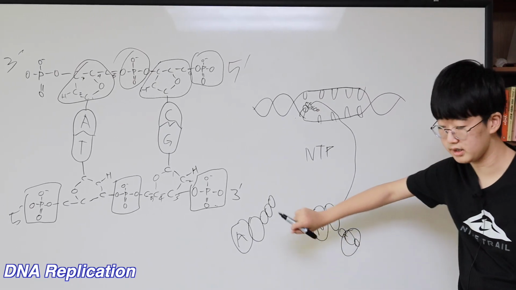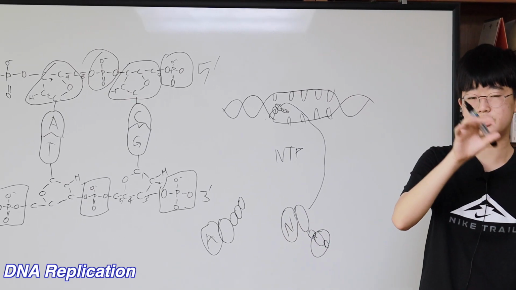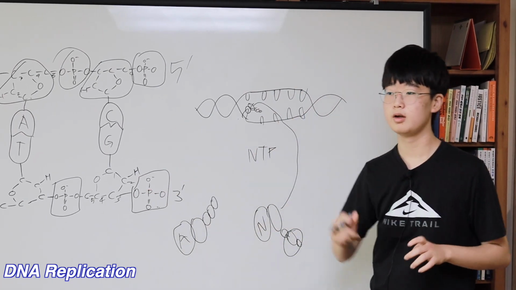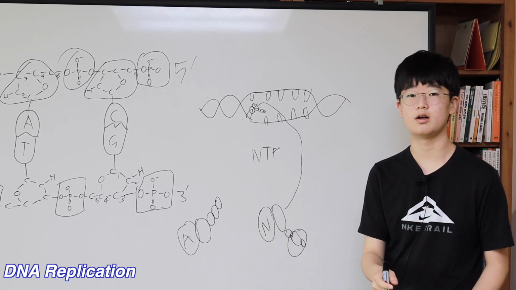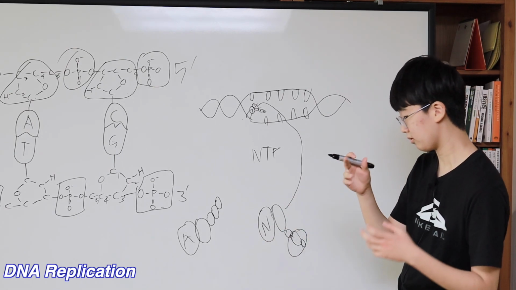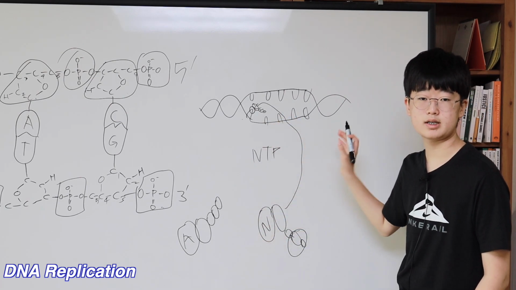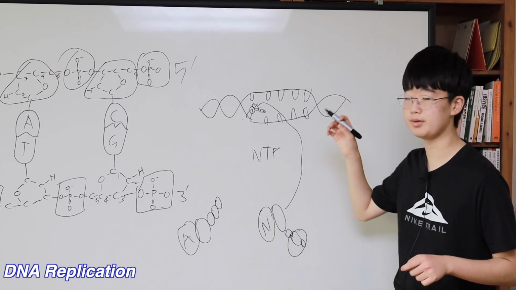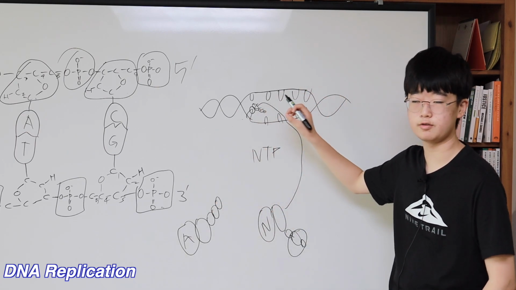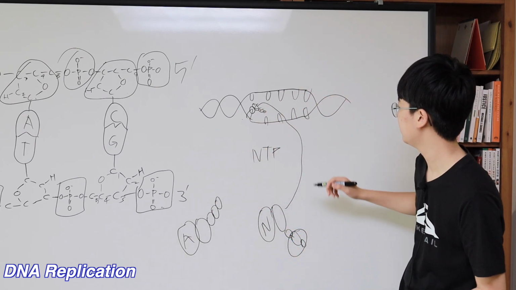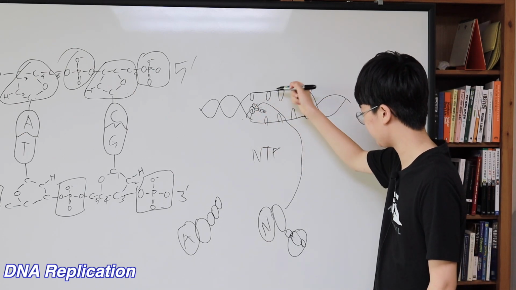So, as I said on the ATP, that's why they have energy. And as the 2 phosphates fall off, or you could call it cut off, they give out energy because they had energy in them. And that gives energy to the enzyme that is putting these together.